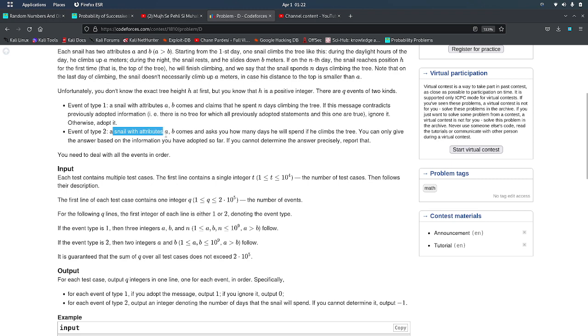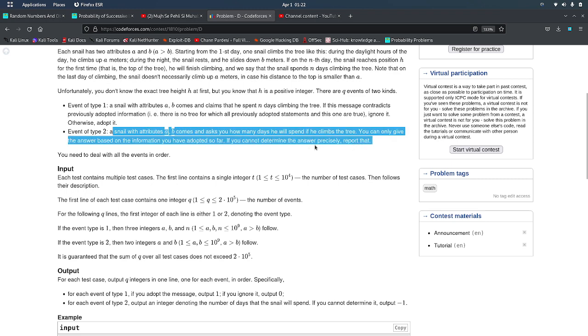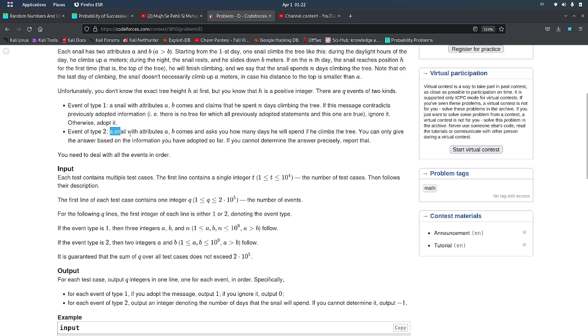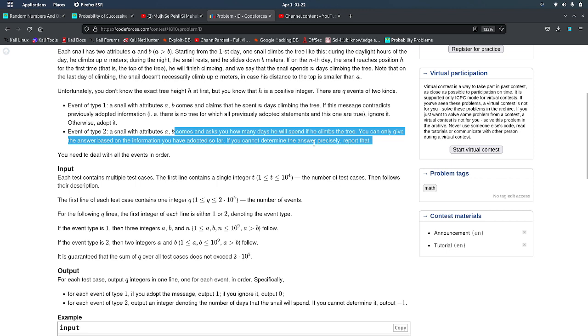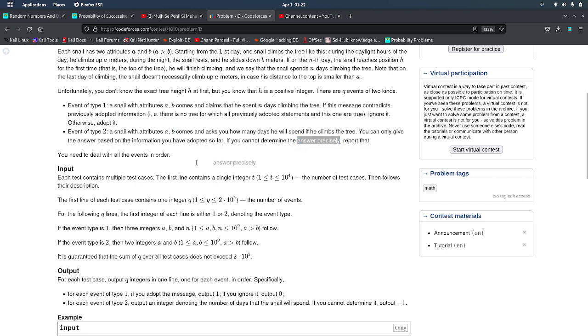And query of type 2 asks if it is possible to know the answer precisely for a snail with these attributes. Obviously any snail can climb, as a is greater than b, so anyone will climb. But the question is if we can know the answer precisely, because our h is not fixed. If we don't know the answer precisely, then it is a problem for us, right?